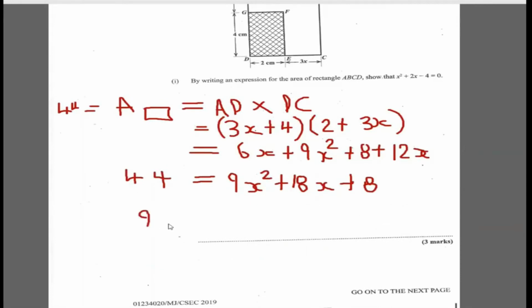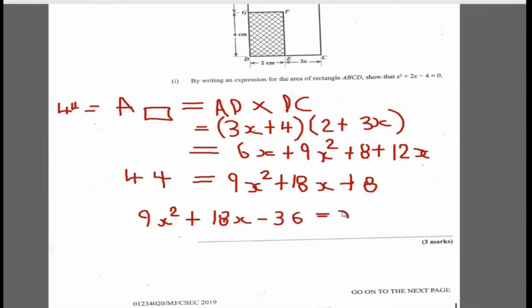So we have 9x squared plus 18x, and then we'll bring over the 44, it becomes minus over here. So we have 8 minus 44, which is negative 36, is equal to 0.